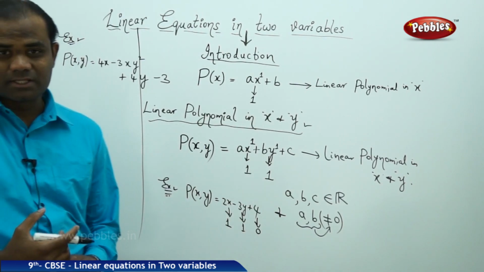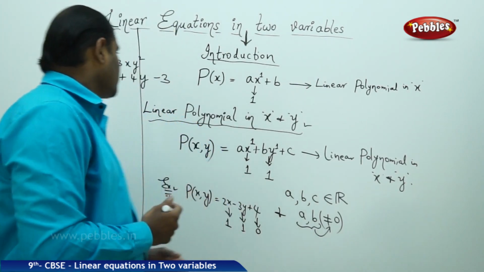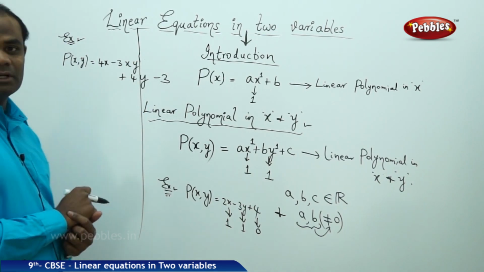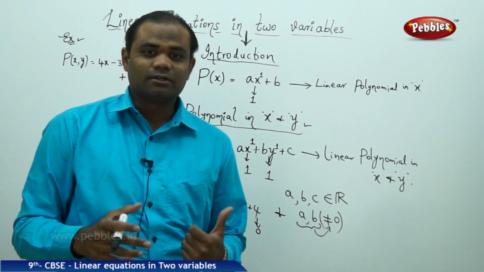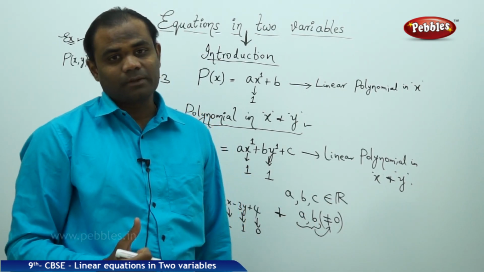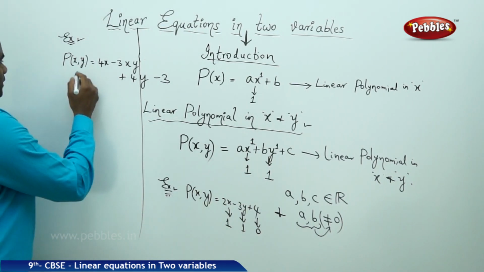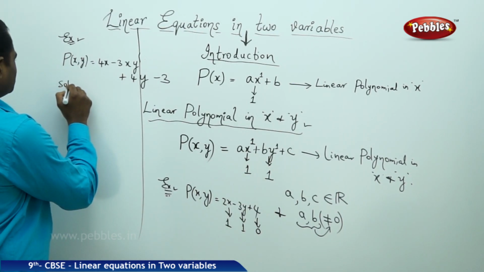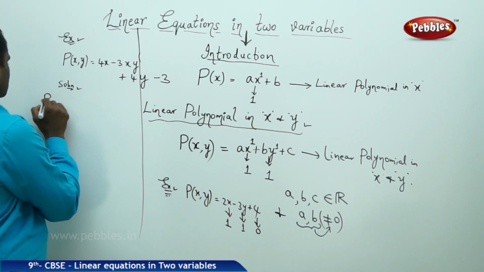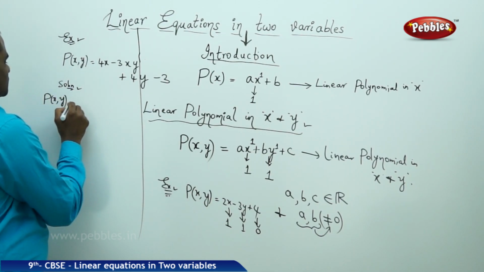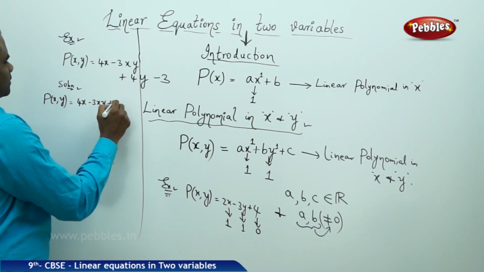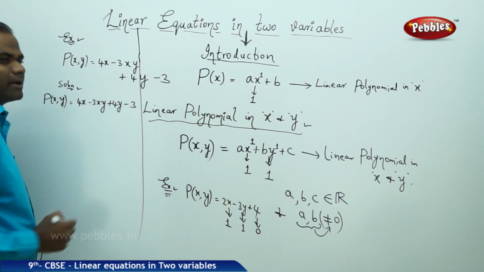Let's see if this is a linear polynomial in x and y. Let me consider this example to investigate whether this polynomial is a linear polynomial in x and y. Let's take the given example problem in which I clearly have my p of x, y to be 4x minus 3xy plus 4y minus 3.